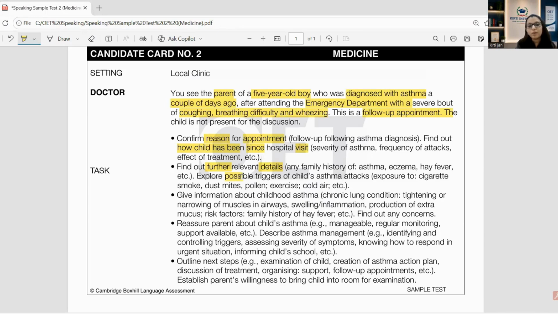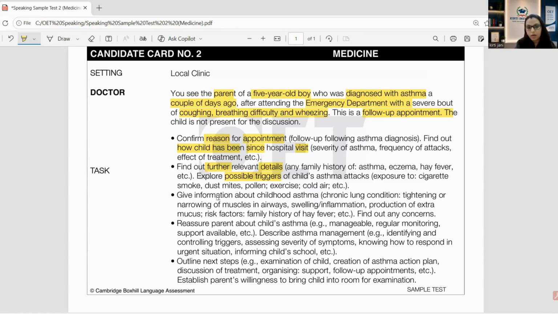The next point is about exploring possible triggers of the child's asthma attack. Here we are going to find out the allergens, right? Exposure to cigarette smoke, dust mites, pollen, exercise, cold air. What were the triggering factors for the child is what we are about to find out.